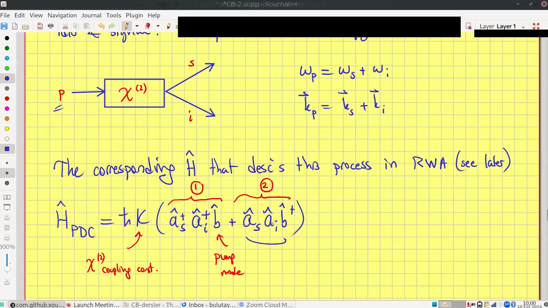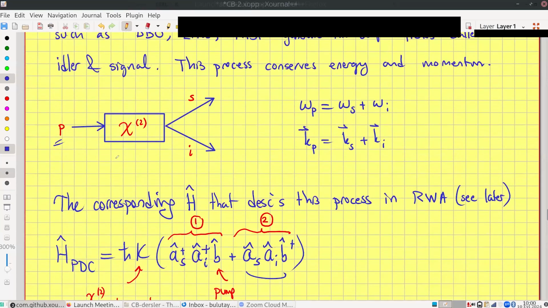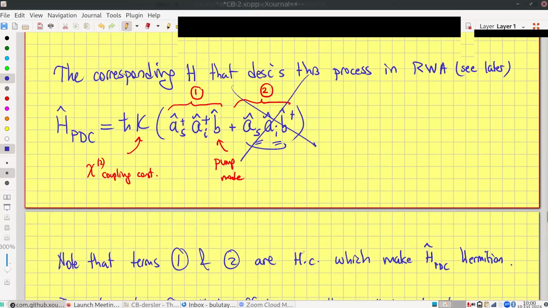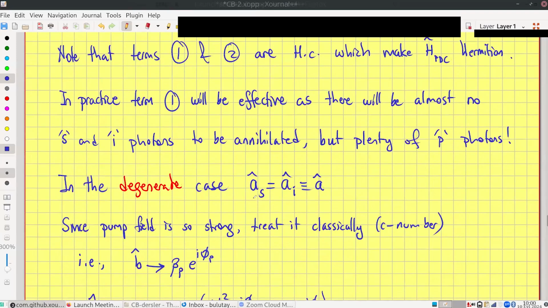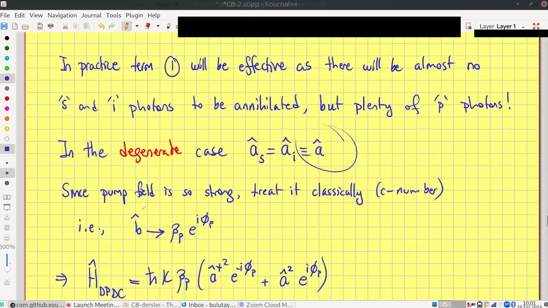So this is the reverse process. You must allow for this, but since you have too many pump photons, but not many existing signal or idler photons, this part of the Hamiltonian will not be very operational. So if you just have this degenerate Chi2 process, these are the same operator, and you don't care about pump photons.